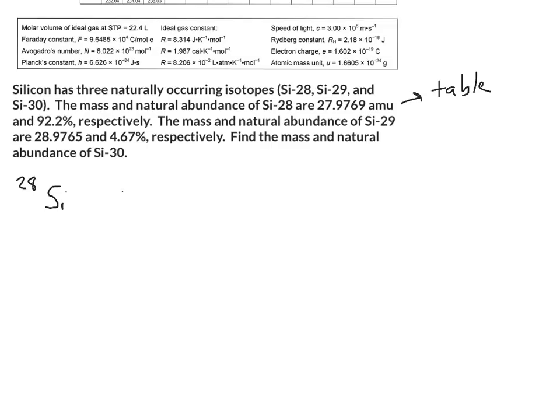We know its mass in AMUs. And we know its abundance, that percentage. We can go ahead and convert that to a decimal. You divide by 100, move the decimal to the left twice.